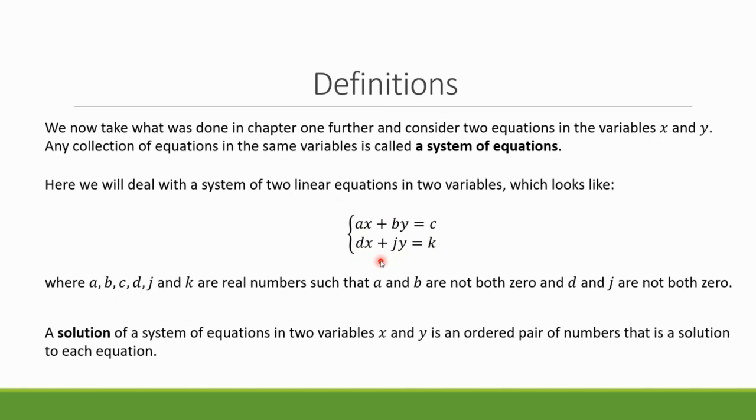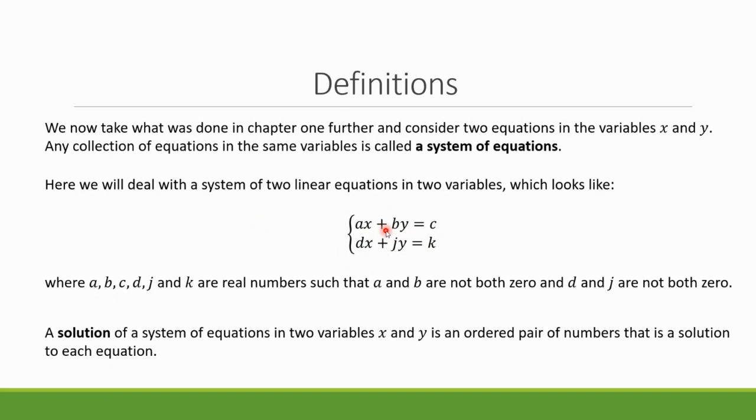What do I mean by solve, though? Well, we're looking for solutions. Well, what is a solution? A solution to a system like this is a solution to both of these equations. So in other words, remember, if you have an equation in x and y, right, your solution is going to be an ordered pair, not just a number.